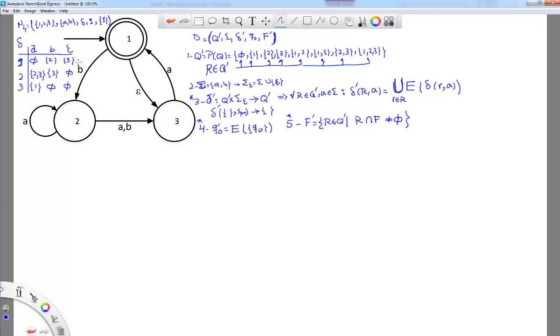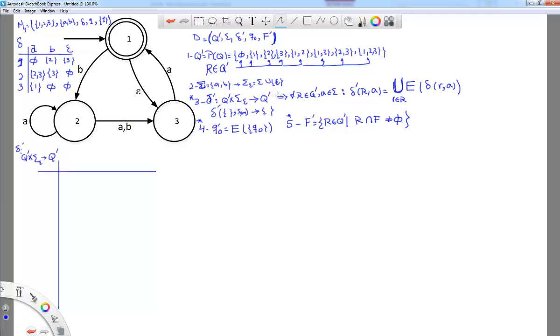Okay, so now what I need to do is to create the delta prime, the Q prime, and the F prime, because I already have the Q prime here, and I also have the sigma. So let's work with the delta prime and see how it would look. The delta prime is a function that has effectively 8 inputs. Remember, delta prime is from Q prime cross sigma epsilon over to Q prime.